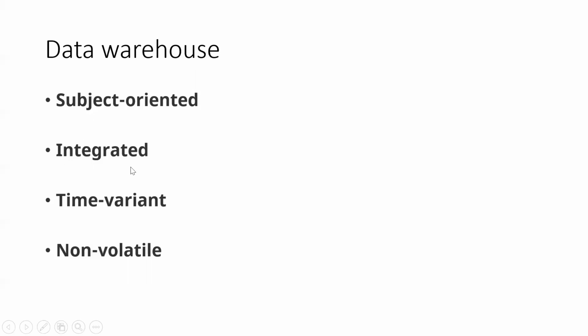It should be integrated in nature. All the data should be integrated. It should be time variant, so you can check the historical data as well. A data warehouse should not be storing only today's record. It should be storing lots of historical days' records. Otherwise, we cannot compare the old data.